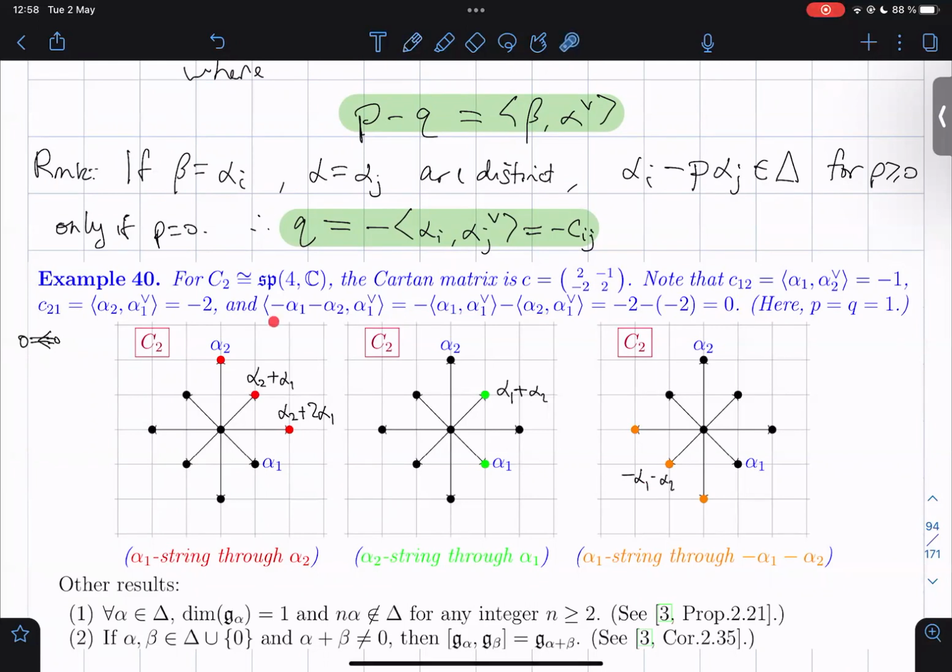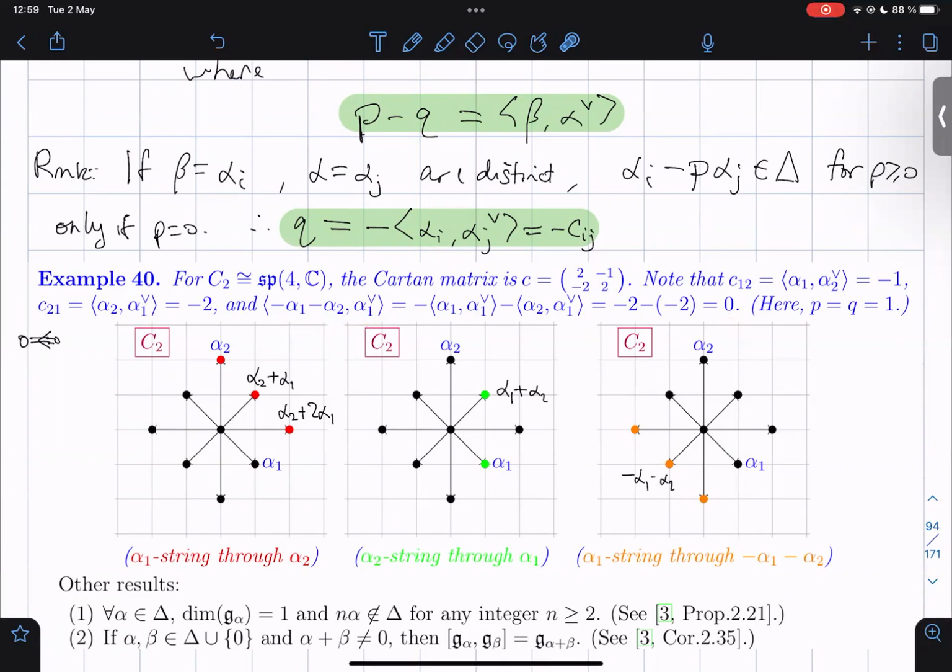If you consider the alpha1 string, you shift like that, or you shift like this. Then in this case, P is equal to 1 and Q is equal to 1. So you would get 0 here, and you can confirm that if you take this pairing, then you do get 0.